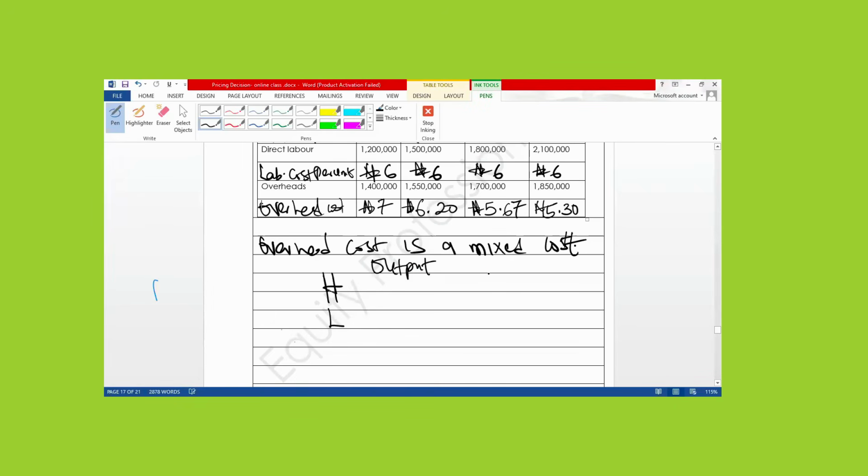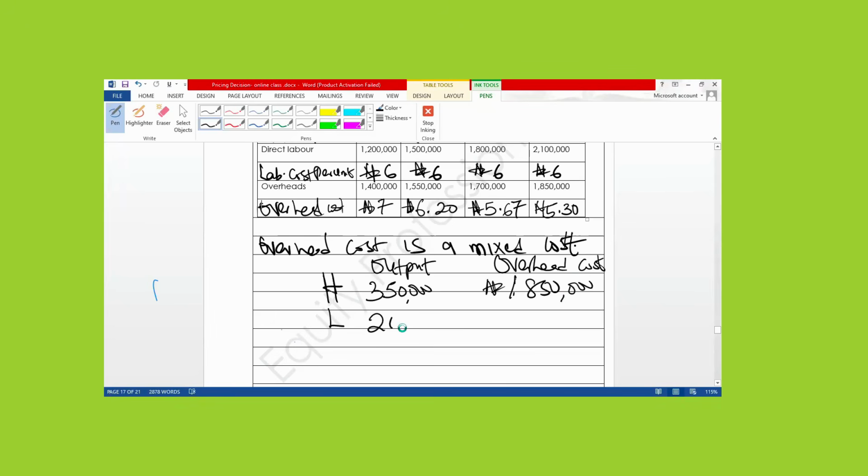Output and overhead cost. At the highest level, 350,000 units, total overhead is 1,850,000.